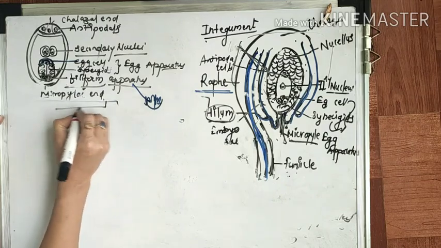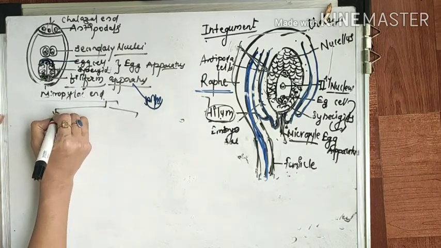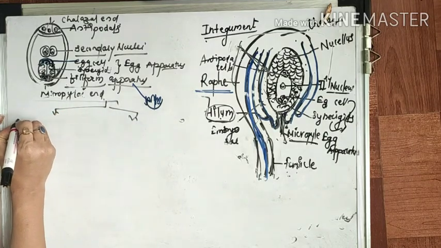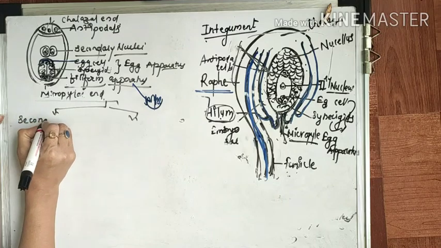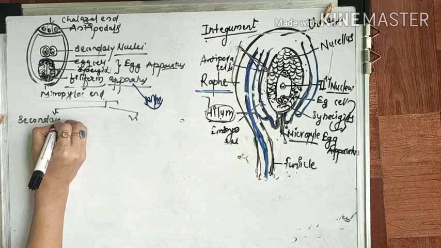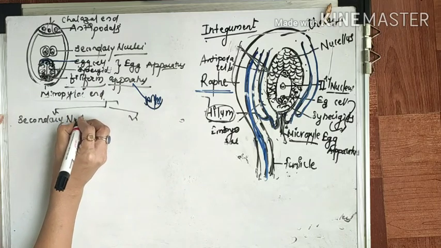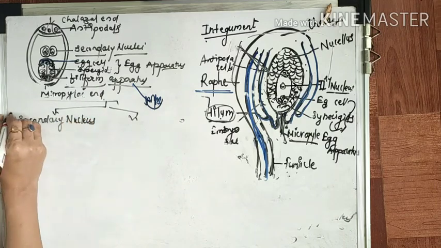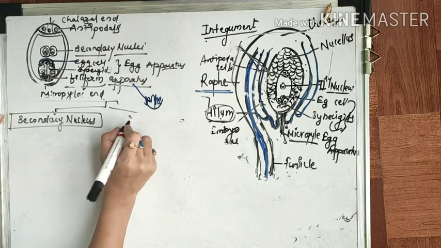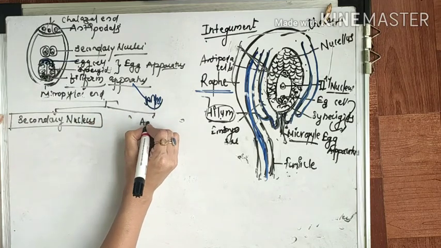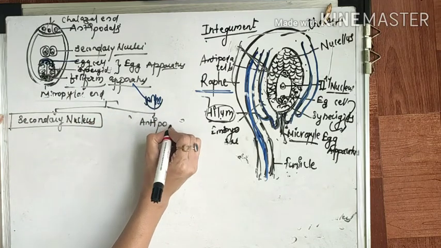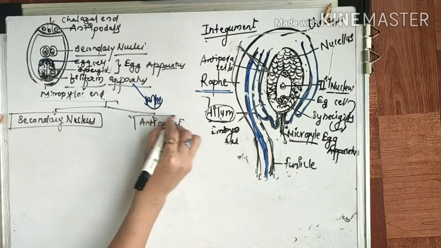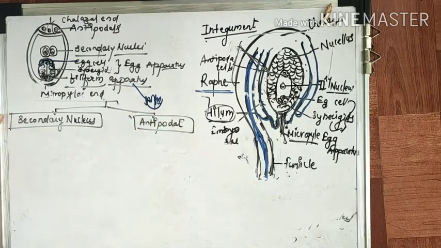The second part of an embryo sac is the secondary nucleus, and the third part is the antipodal. So here we start with the secondary nucleus.